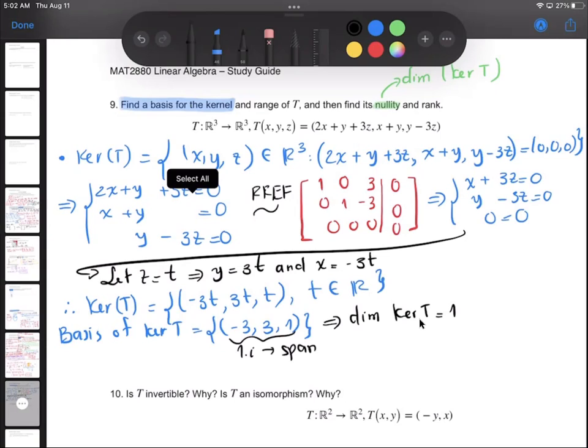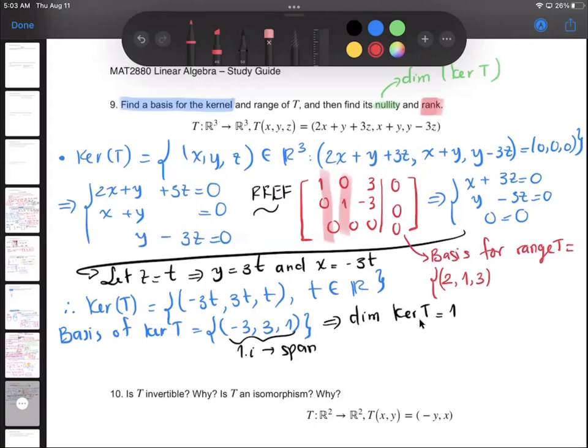is equal to (2, 1, 3). Oh no, I'm sorry, it's a column. It's a column.